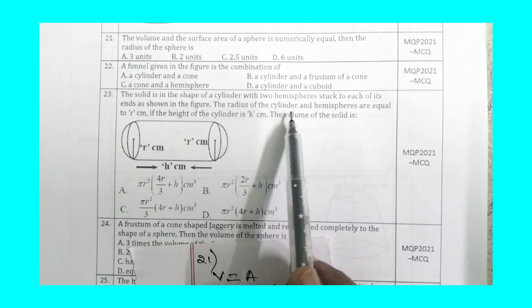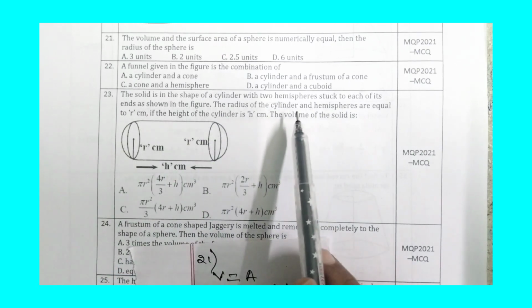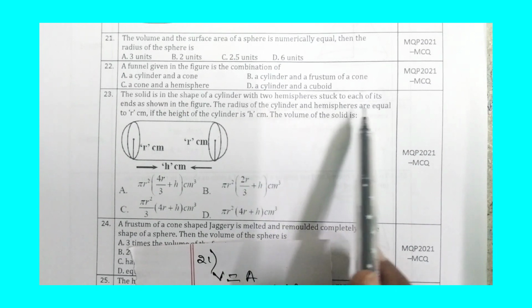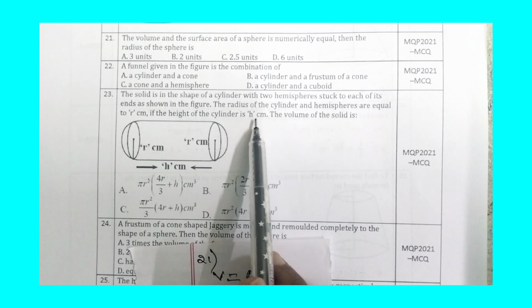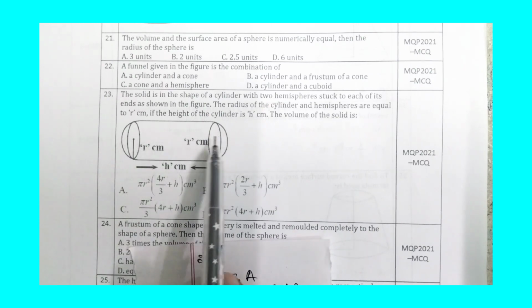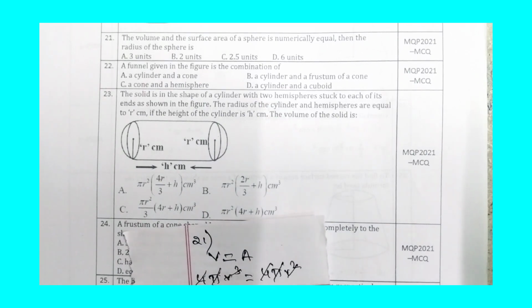The radius of the cylinder and hemispheres are equal to r centimeter. If the height of the cylinder is h centimeter, then the volume of the solid. To get the volume of this solid, you need the volume of the cylinder plus 2 times the volume of a hemisphere, because there are two hemispheres, so we must add the volumes of both.